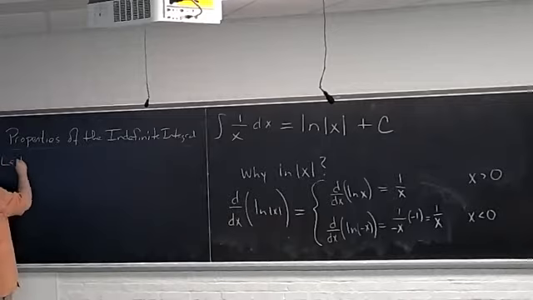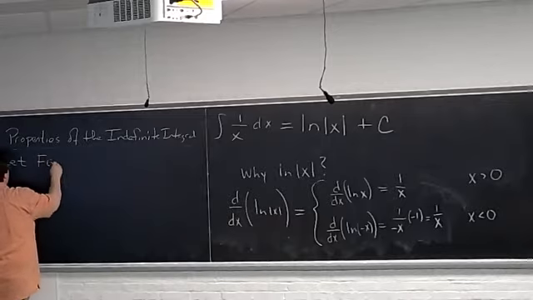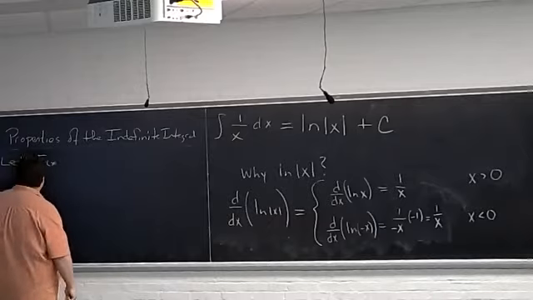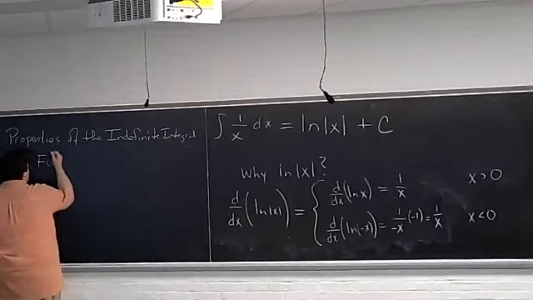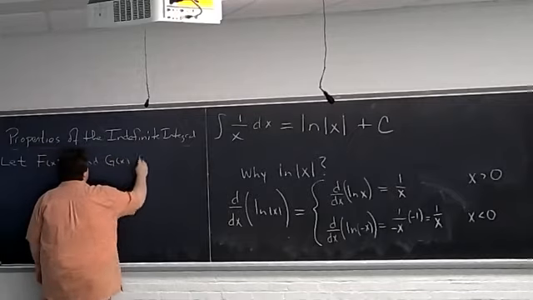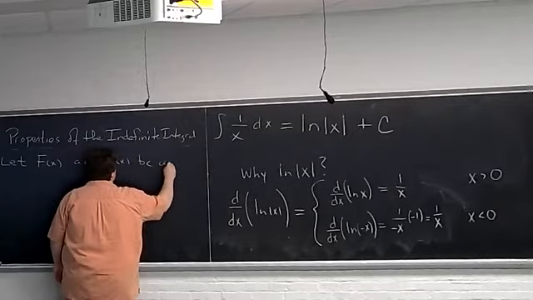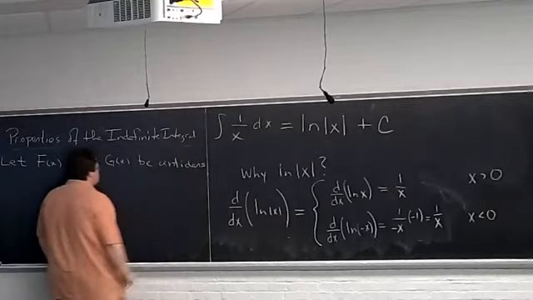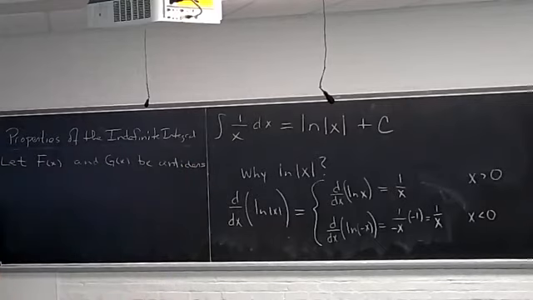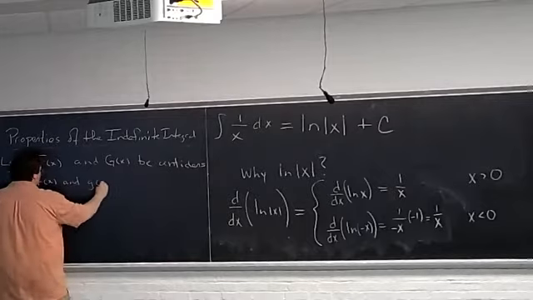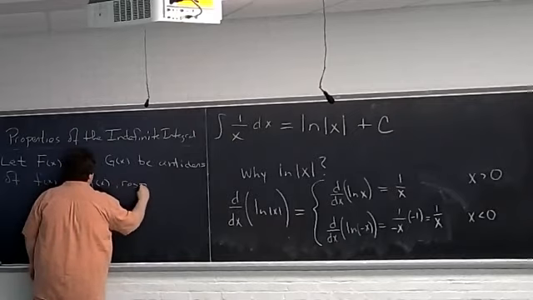Let capital F, do I need X's all over the place? Yeah, I'm going to use the X's. Let capital F and capital G be antiderivatives, let's save some letters, be antiderivatives of lowercase f and lowercase g, respectively.